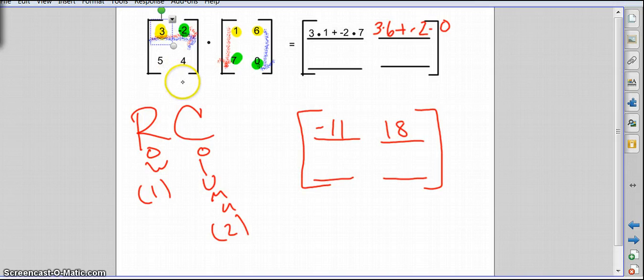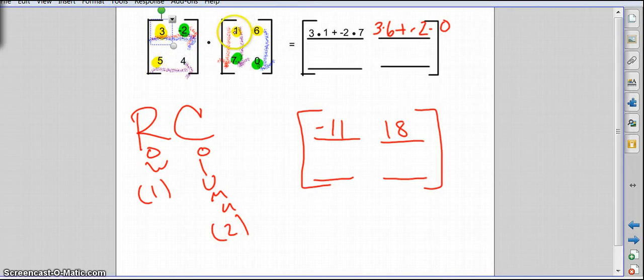Continuing along to find out what goes in the second row, first column, I multiply the second row by the first column. Same idea.